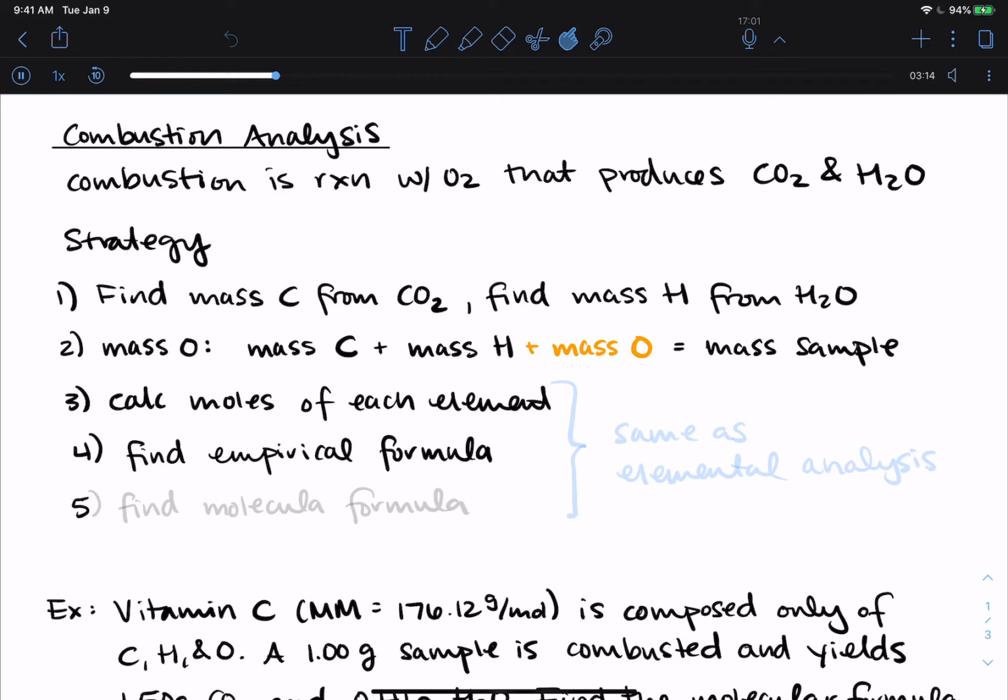And then 5, we can find the molecular formula if possible. All right, so these last 3, as I said, are same as elemental.